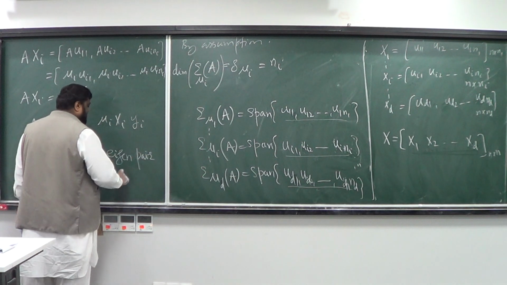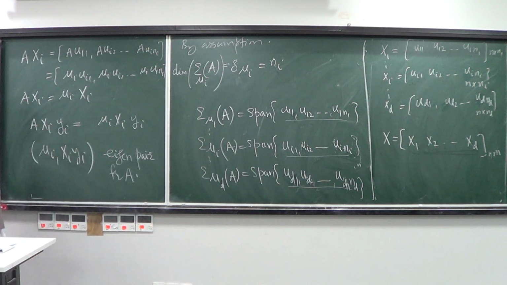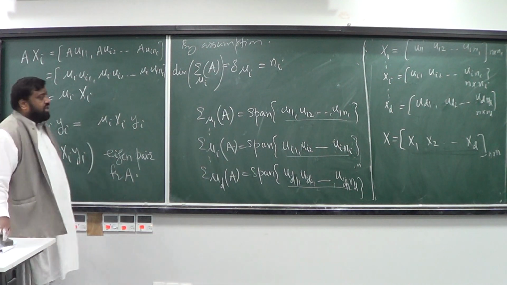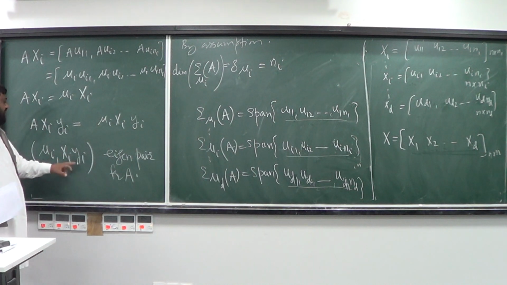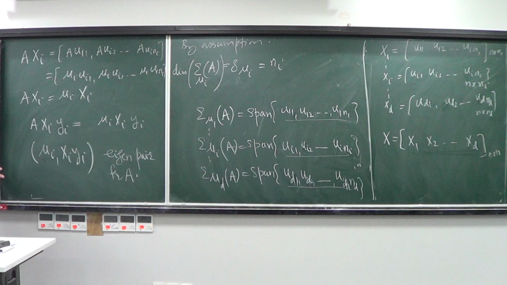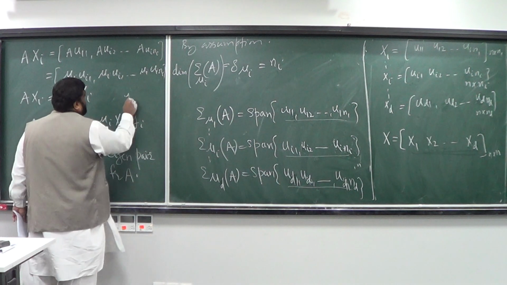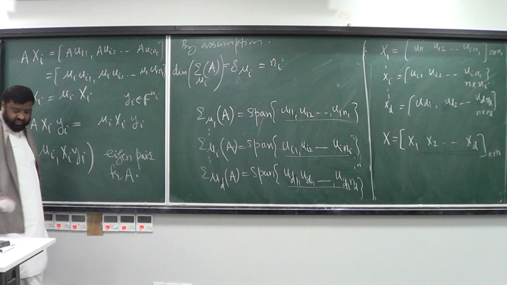This is an eigenpair for matrix A associated with the eigenvalue mu_i actually. In other words, each one of mu_1 X_i y_1, mu_1 X_i y_2, they all are the eigenpairs for the matrix A associated with the eigenvalues mu_i's actually. Okay? By the way, I must say that y_i belongs to F^{n_i}. Okay?